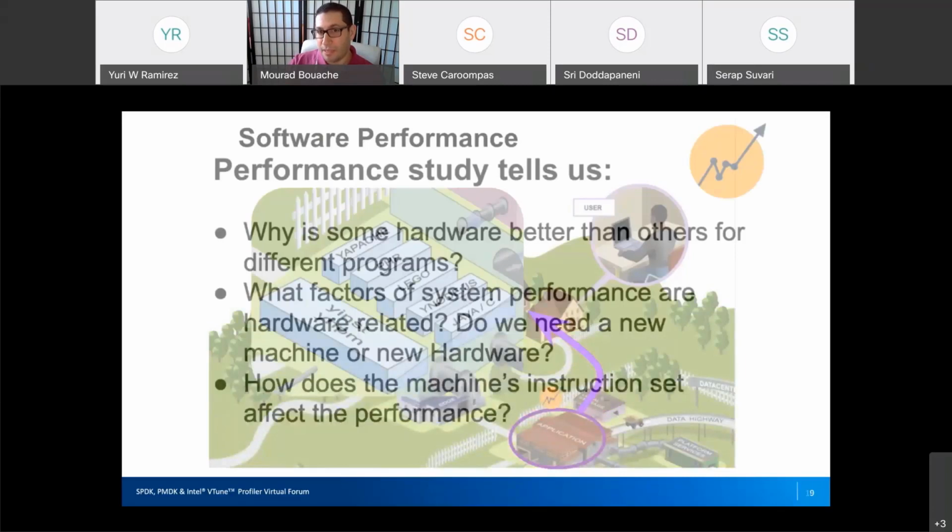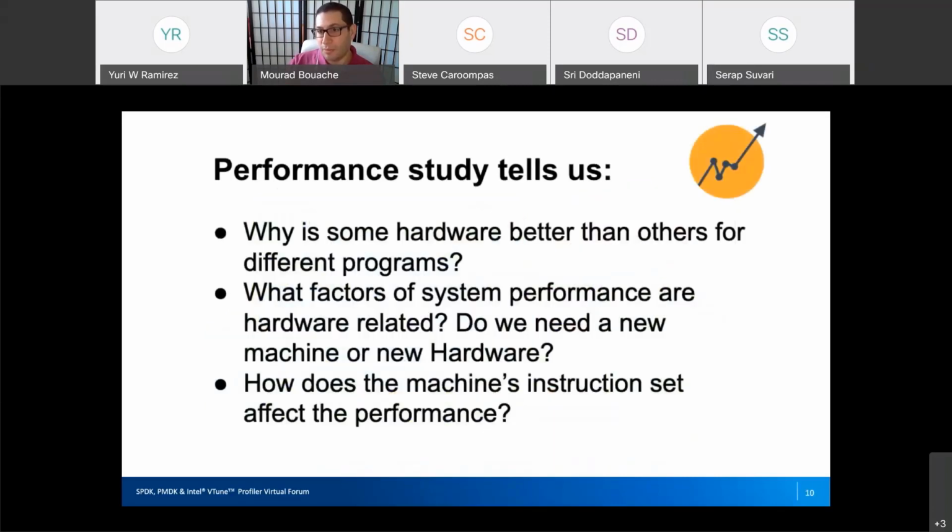So performance study tells us why some hardware is better than others, for example, and the different programs as well. What are the factors of system performance, are they hardware related or something different? And every time we have an issue or bottleneck in performance, people think first of the hardware, and then when we talk to them, we see the mix in this interaction.